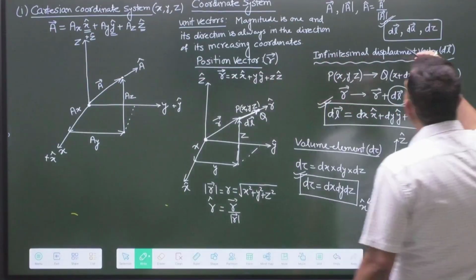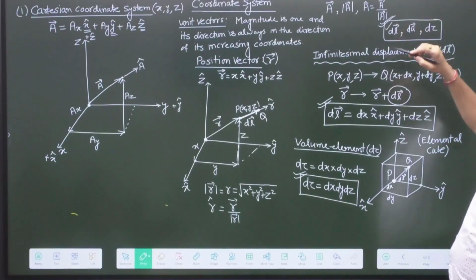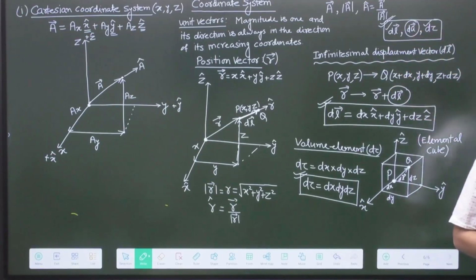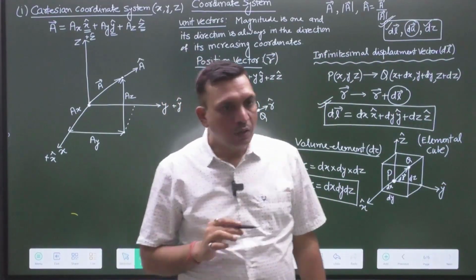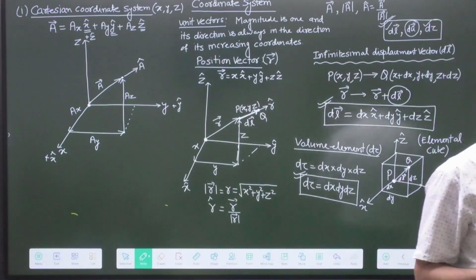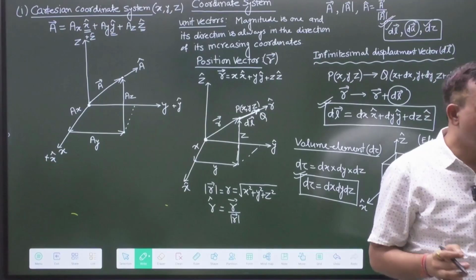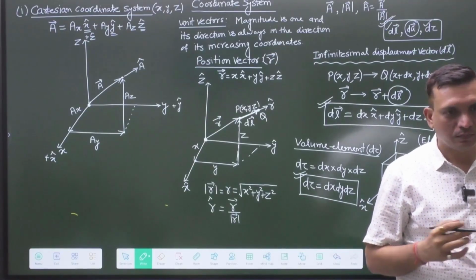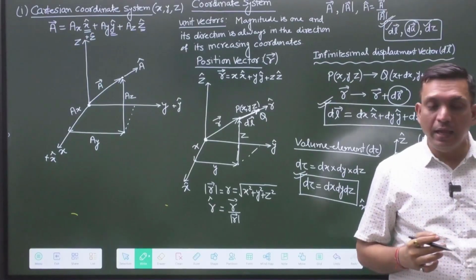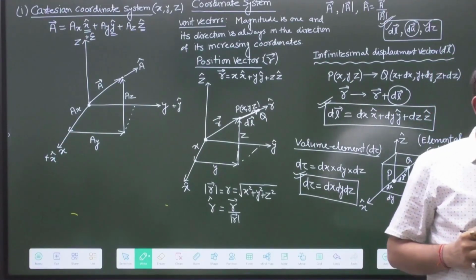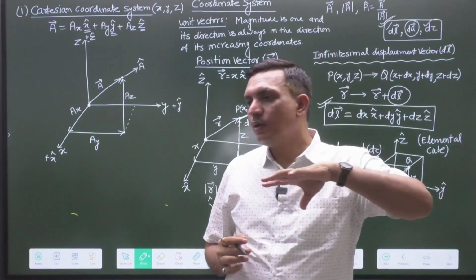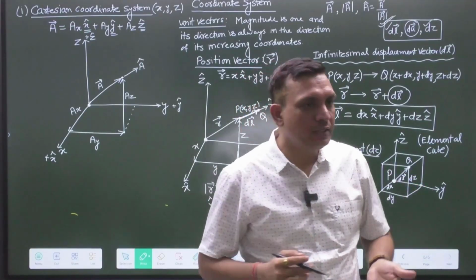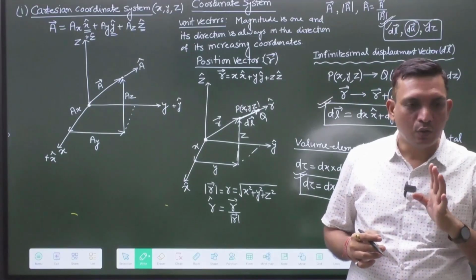So we have seen how to write dl vector in Cartesian coordinate, how to write d tau. Now we will see how to write area element. So area element you have to write on a particular surface. Now surface may be open or it may be closed. So how will you differentiate between an open surface and a closed surface? Whenever you have a volume, that will be surrounded by a closed surface. And when you have an open surface, that will be surrounded by closed lines.